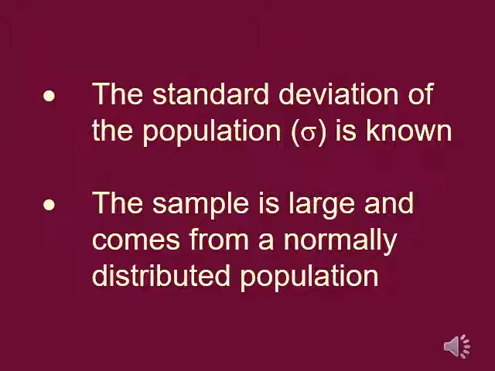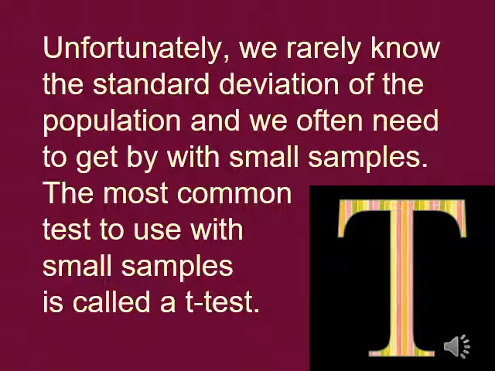Or the other thing you can have is a large sample that you know comes from something that is close to normally distributed. In the real world, though, it is pretty rare that you do know the standard deviation, and there's a lot of times that you want to use a smaller sample.